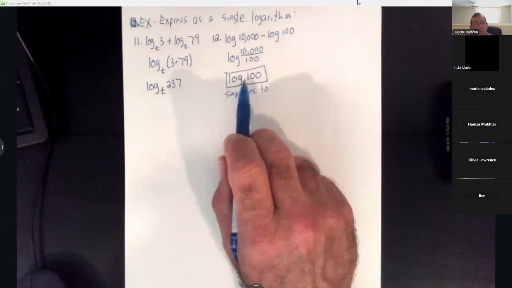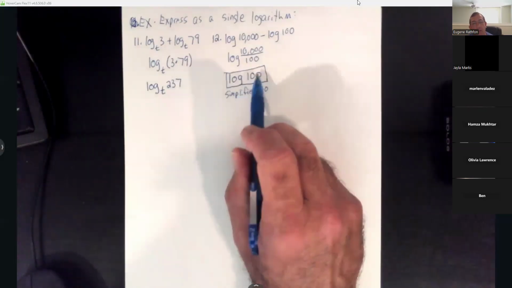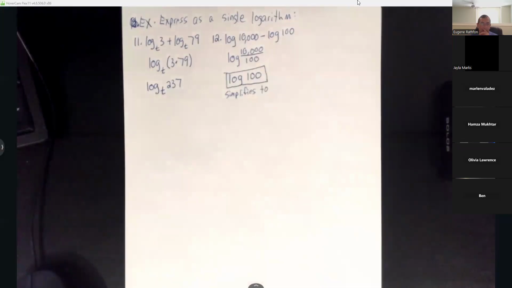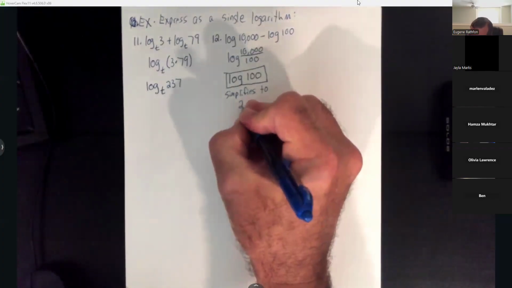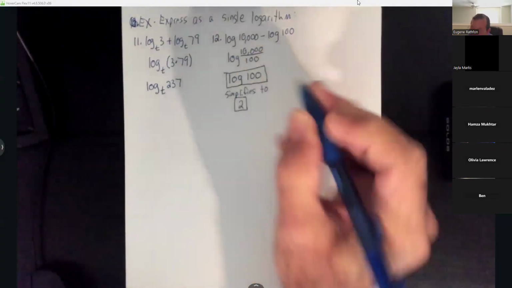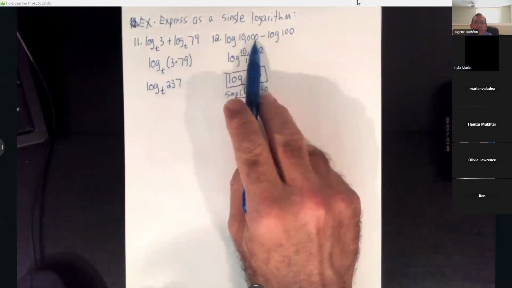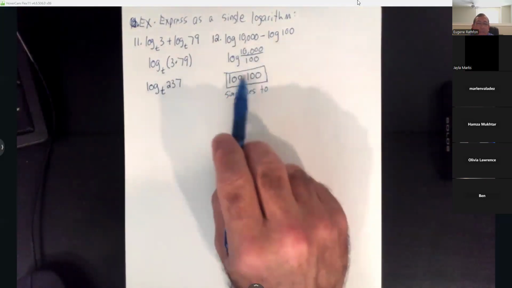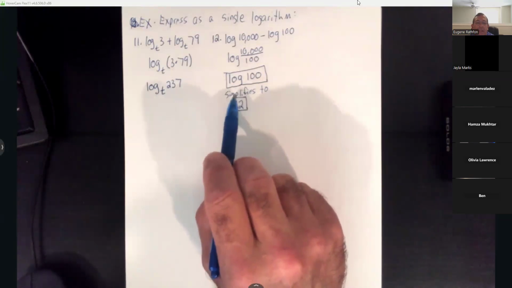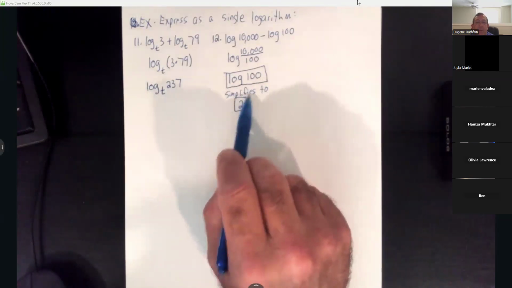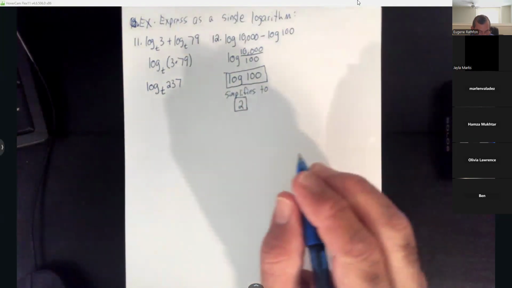So what exponent would I raise 10 to equal 100? This is the only one that sort of makes you simplify it a little further. And being you're perfect, that is a 2. So on your number 12, when you're dealing with the 10,000s and all that, you'll get the first answer, and then it'll also say this simplifies to whatever, okay?